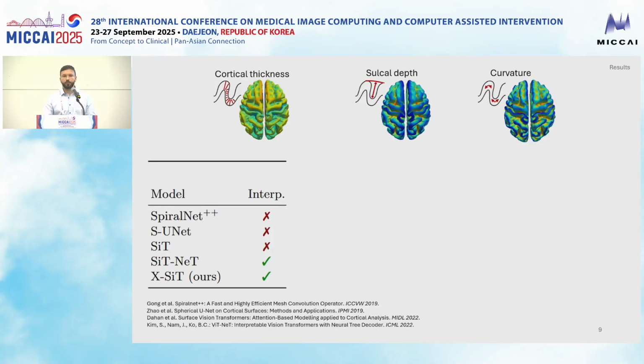We compare our approach to three established architectures for registered mesh data. In addition, we also implemented an interpretable baseline method where we use a neural tree decoder in addition to the SiT. This is called SiTNet. This is inspired by a computer vision method that also makes the transformer interpretable.